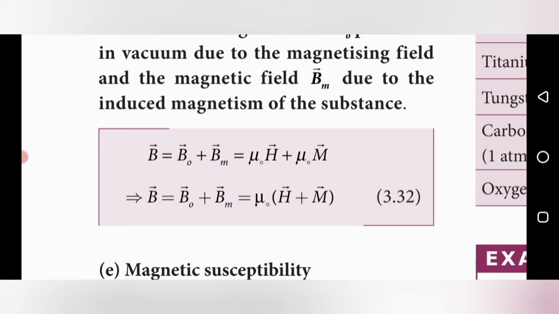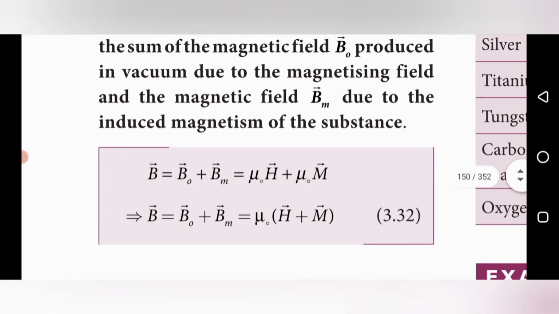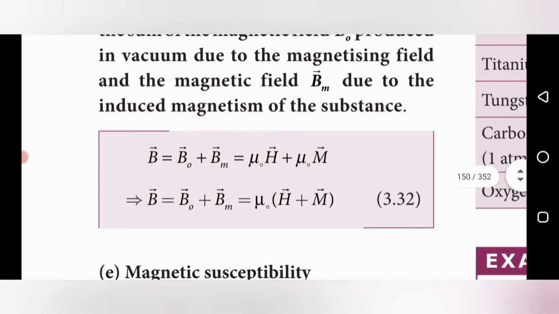Substituting into B is equal to mu naught I, B naught is equal to mu naught H vector, and B_m is equal to mu naught M vector. Substitute that formula, then finally take the common value mu naught outside, then H vector plus M vector. This is the total magnetic induction, including the induced magnetism of the substance.